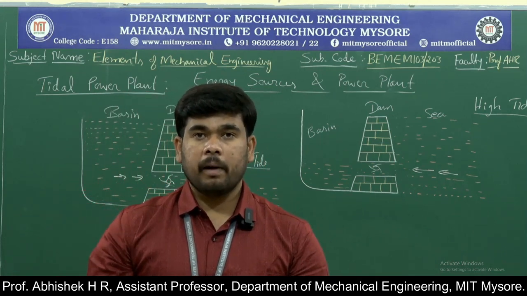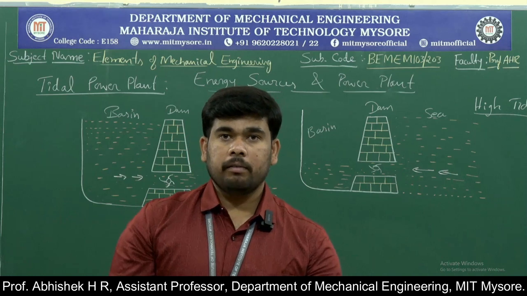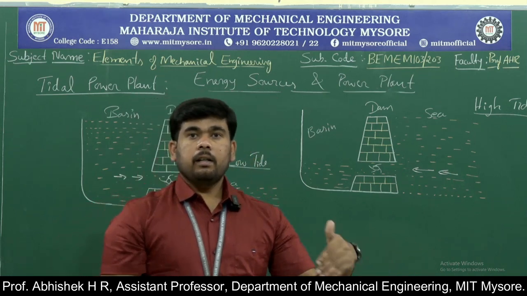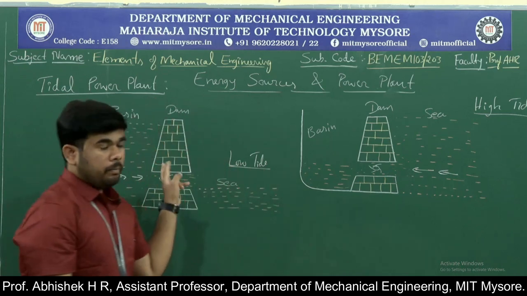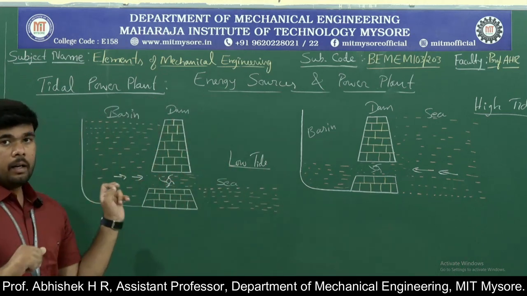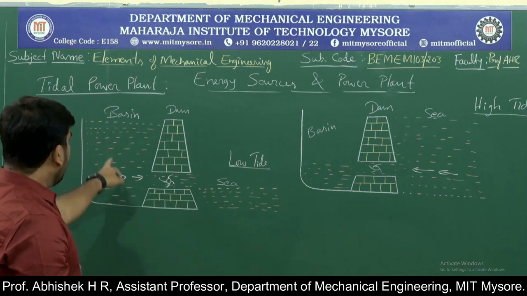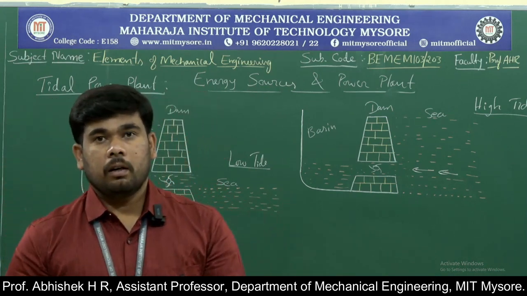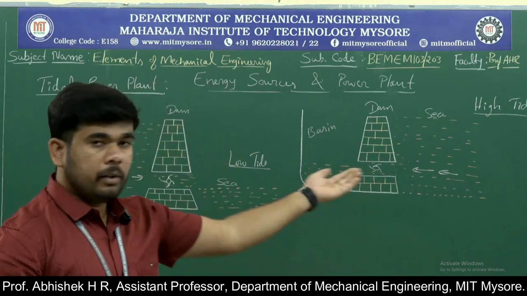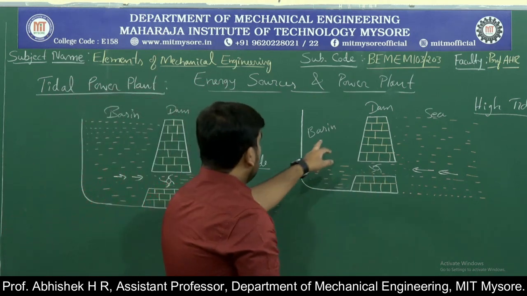As we know, the turbine is coupled with the generator, which generates electricity. Now you may be confused about how we get the water in that water basin. You will get the answer now.